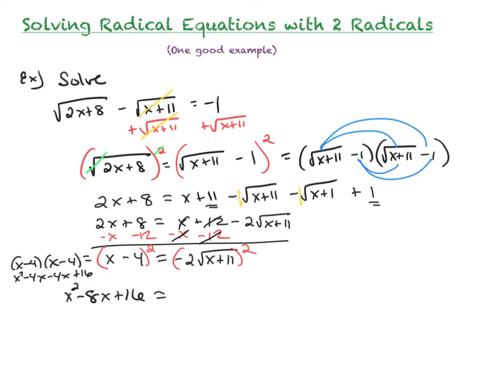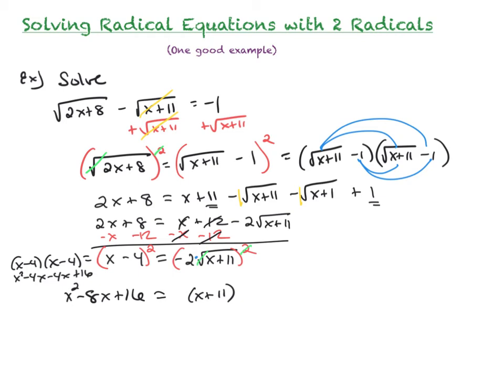And then on the right-hand side, we have no addition or subtraction that is outside the square root, which is lovely. But we do have some multiplication happening here with the negative 2 and the square root. The square root will certainly cancel with the square, so instead of the square root of x plus 11, we'll have x plus 11.